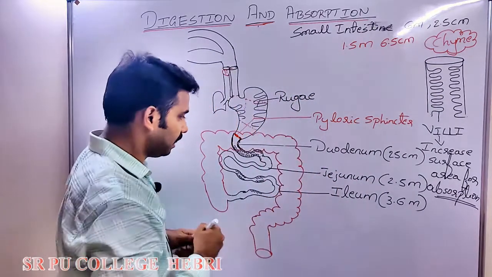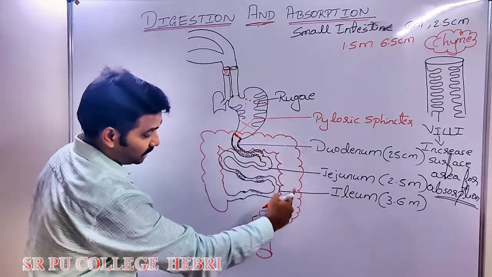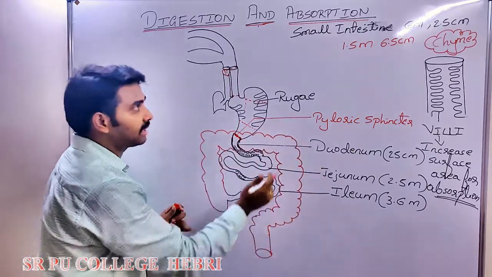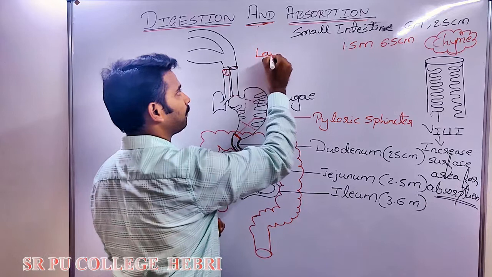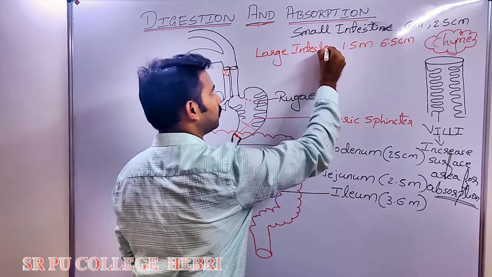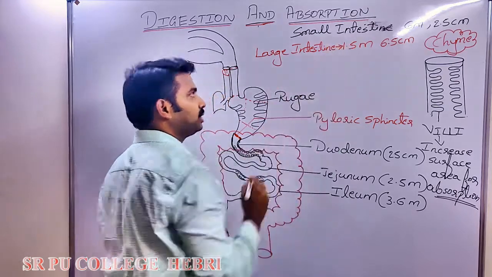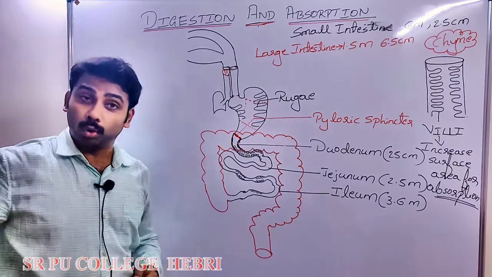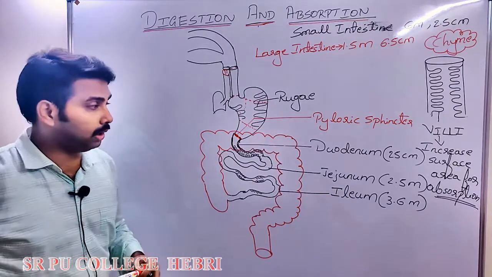Try to understand. And this 6.5 centimeter diameter canal, this canal can be called as what? Large intestine. Okay, what is that called? Large intestine. Try to focus on each and every word. Note down the points, okay? That will help you a lot.